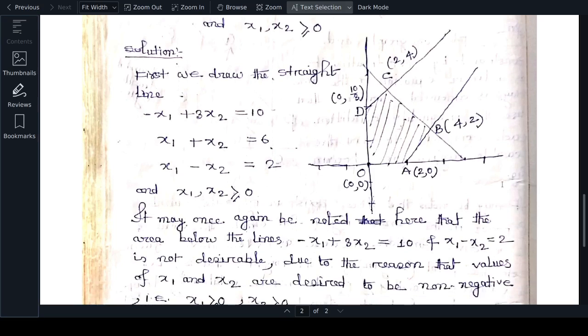Suppose someone asks what is the standard form of the equation of a straight line? Then you will say y equal to mx plus c. m is the slope or gradient, meaning how much angle the line makes with the x-axis.